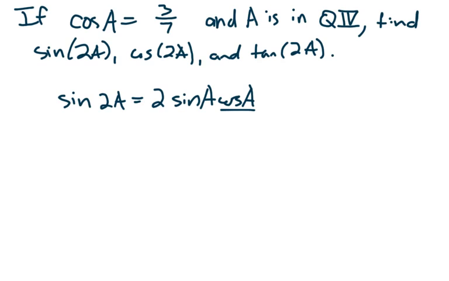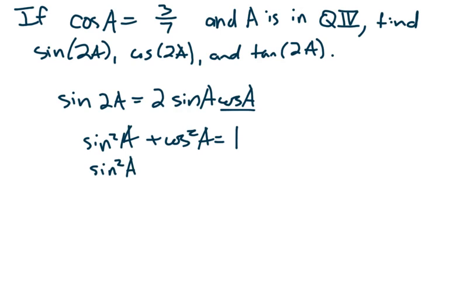So let's do it. We've got to use the Pythagorean identity one way or the other. We might as well do it now. We know sine squared A plus cosine squared A is equal to 1. We also know that cosine is 3/7. So cosine squared means 3/7 squared.